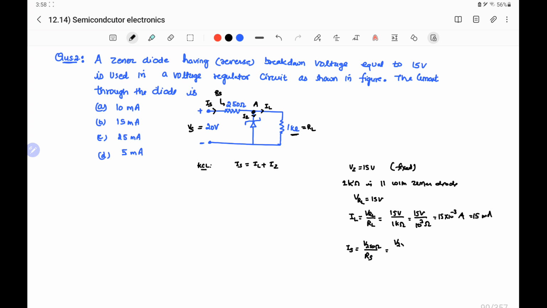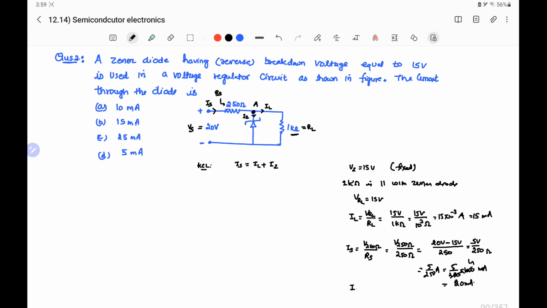Now voltage across the 250 ohm is equal to, because applied voltage is 20 volt and voltage across the Zener diode is 15 volt, the remaining 5 volt appearing across the 250 ohm, and it is divided by the 250 ohm. So it is 5 by 250 ampere. In milliampere we can write it as 5 by 250 into 1000 milliampere. On solving it will be 4, so it is 20 milliampere.